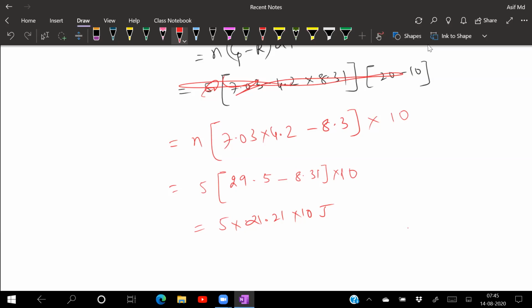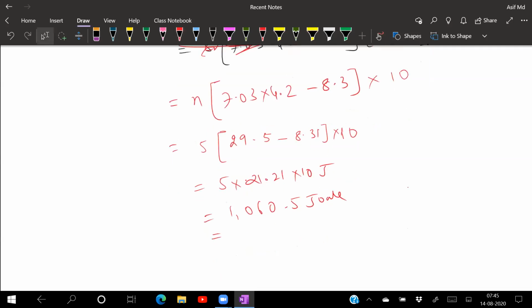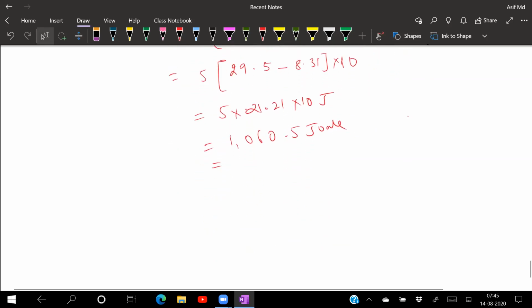So 21.21 into 50 is approximately 1060.5 joules. If I need that in calories, it will be divided by 4.2, which comes to approximately 252.5 calories.